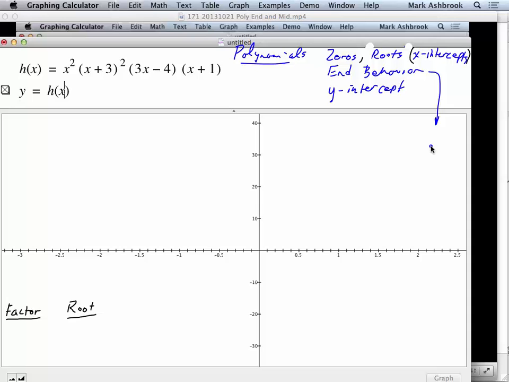Leading term. Okay, so we're going to get the leading term, which is? Tell me the process. Multiply what? The whole thing?